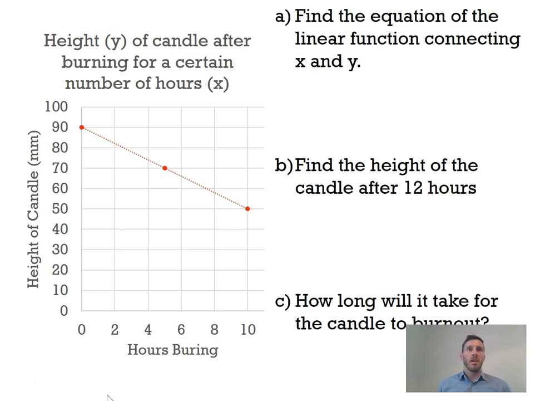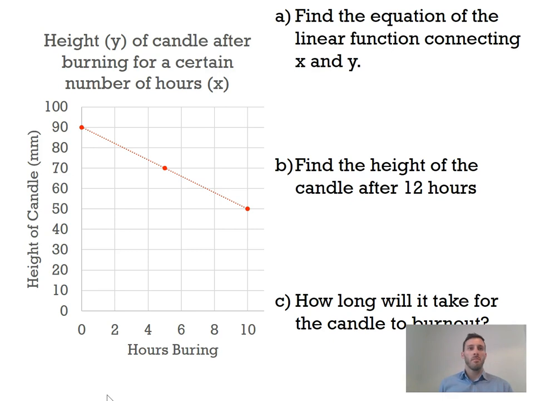Here we have the height of a candle burning for a certain number of hours. Find the equation of the linear function connecting x and y. So we need two bits of information. We either need the gradient and a point on the line, or 2 points on the line.